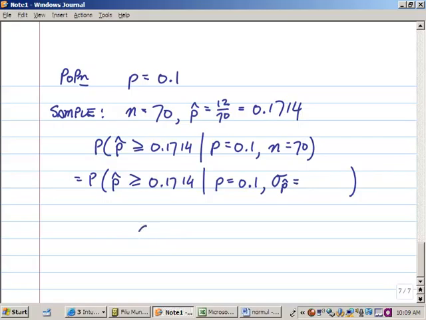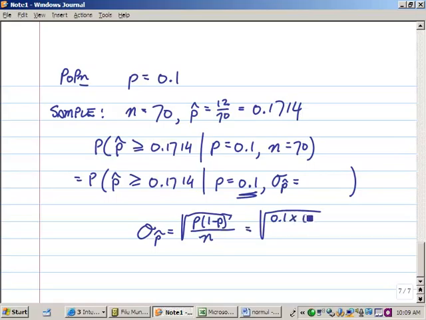Let's now calculate that standard deviation. Sigma sub P hat is the square root of P times 1 minus P over N. Remember, this is not P hat times 1 minus P hat, this is P, the population proportion, which is assumed to be 0.1, times 0.9, divided by the sample size of 70.